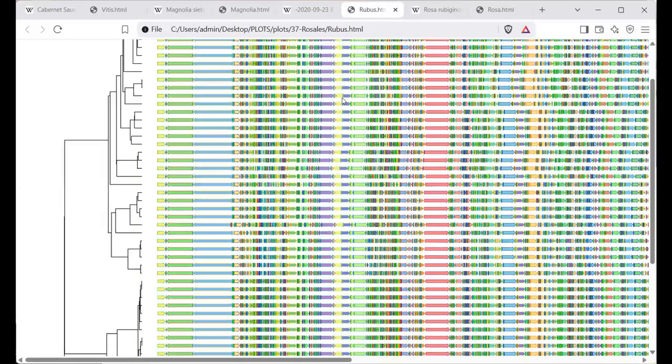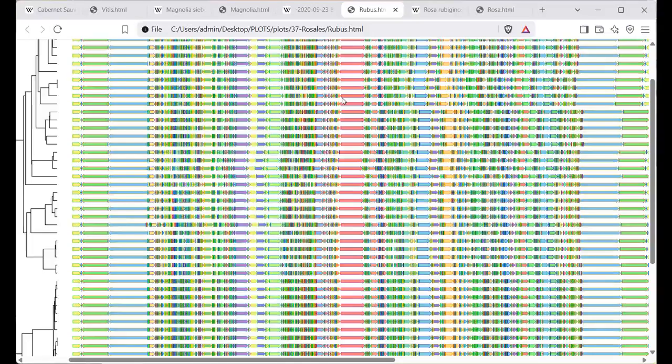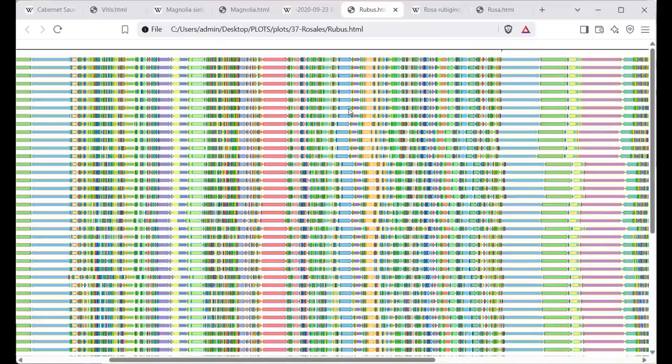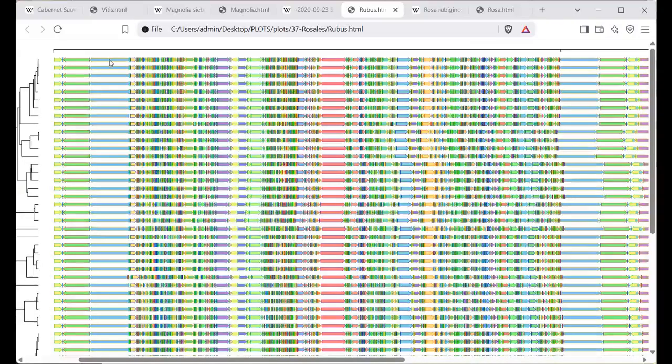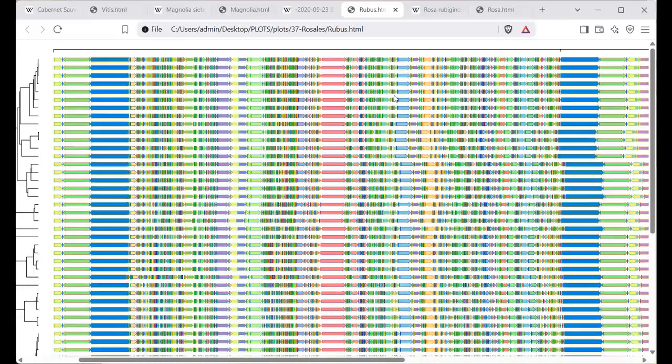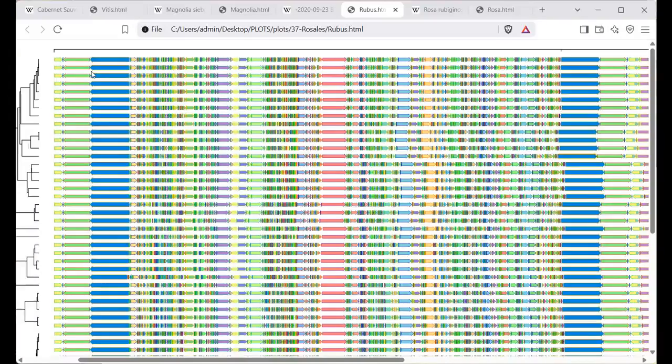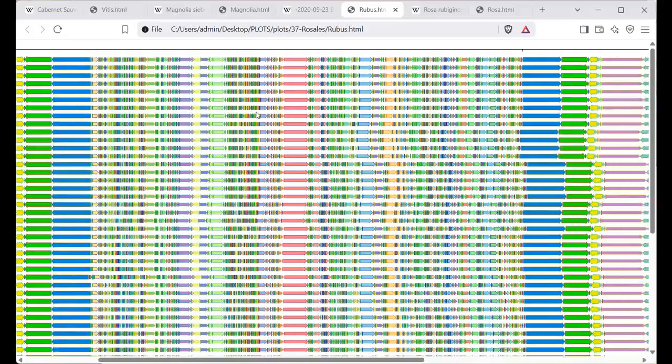This one is a bit more complex in terms of fragmentation. That means the sequence is less conserved, but you can clearly see the inverted repeat. So here, if I click on this blue, it also picks this blue here. Also, if I click on this green, it highlights the green here. If I click on this yellow, then it highlights the yellow on this side.